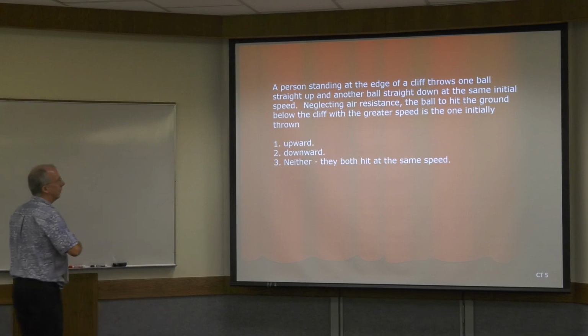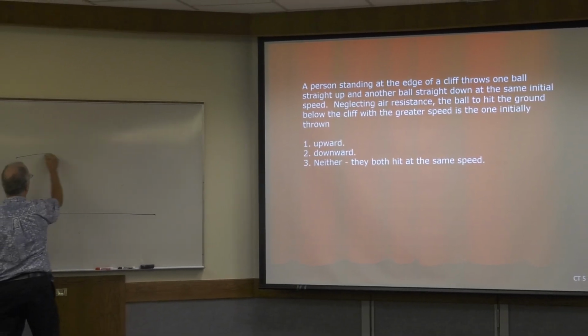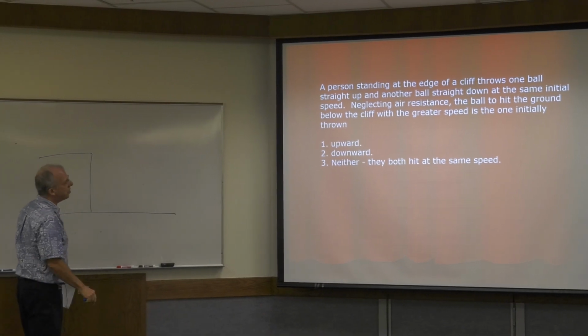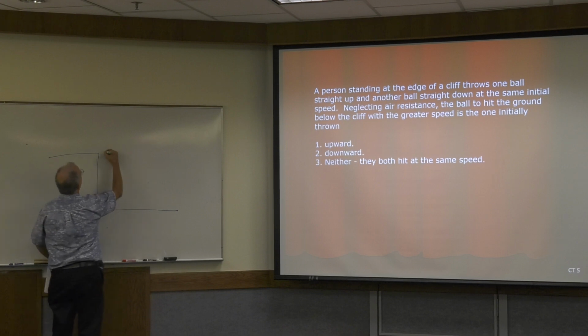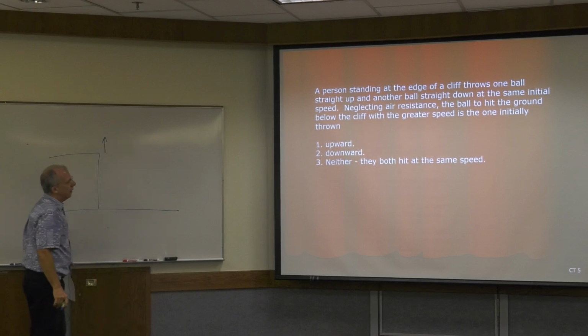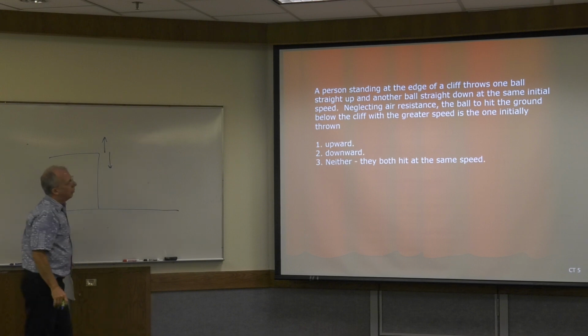Okay, let's do this one. So here's the ground. Here's a cliff. A person standing at the edge of a cliff throws one ball straight up and another ball straight down with the same initial speed.